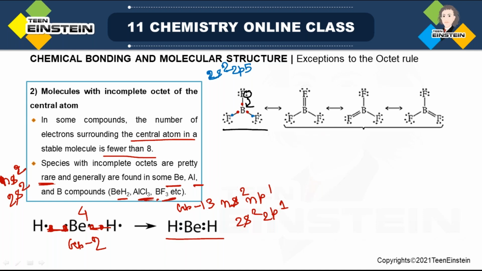When it is donating, after donation there is a double bond, so there will be a negative charge over boron, though you cannot see any negative charge here. That is fine, you will see after some time. So there is a double bond, and one of the lone pairs over fluorine is now less, only 2. The rest of the fluorines have 3, just as before. So this is one possibility. The second possibility is, suppose this is fluorine number 1, this is fluorine number 2, this is fluorine number 3.